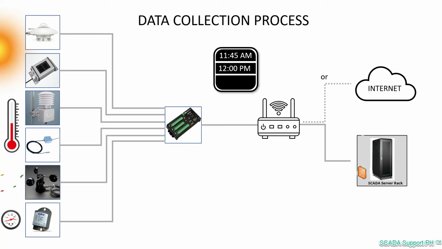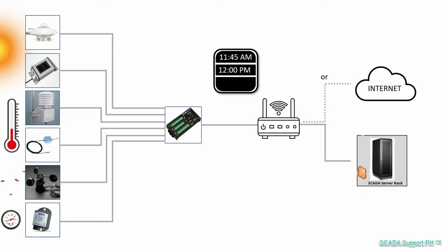Those data tables can then be pulled remotely over the internet or collected by your SCADA server. Given the predefined 15-minute interval, the data pull process will continue until the next scheduled data collection. Same procedure, again at 12:15, and will continue moving forward.